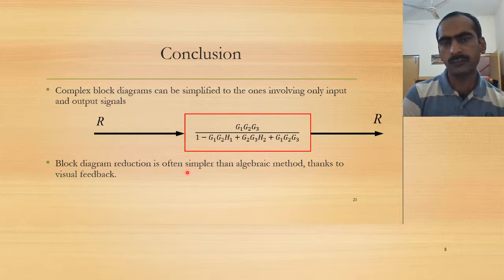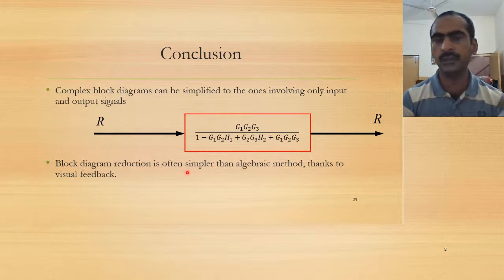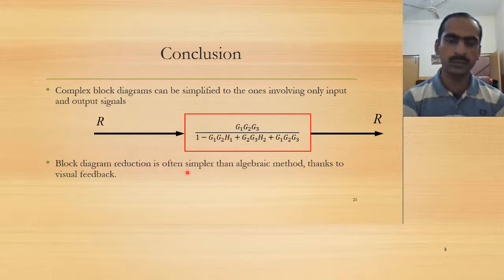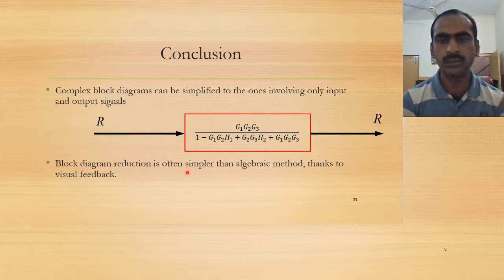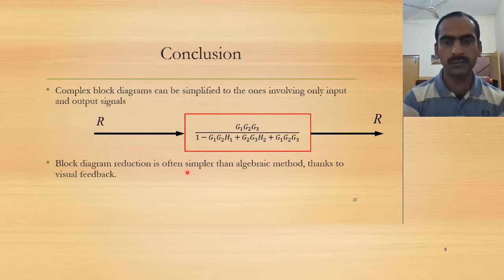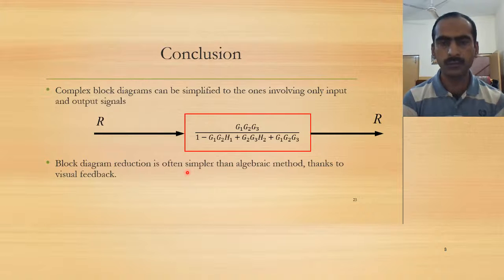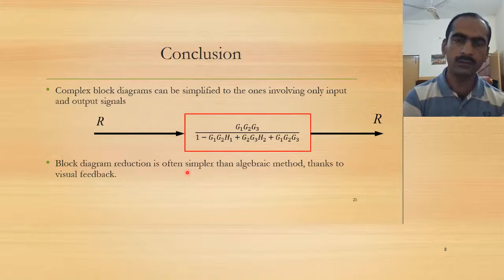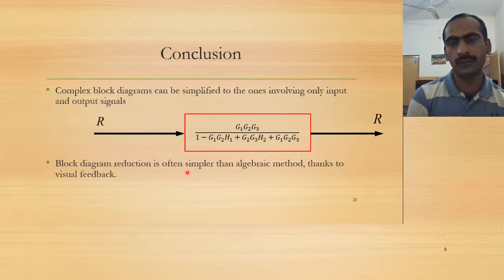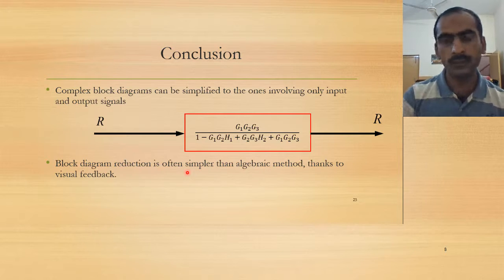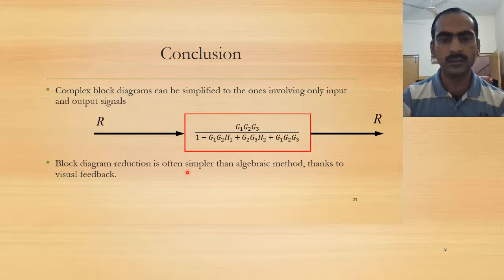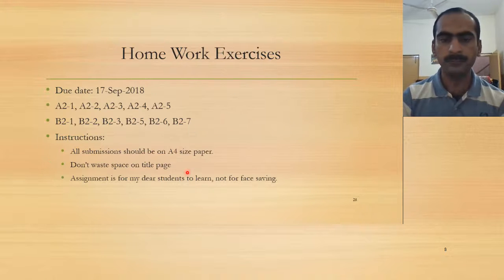In an alternate way, we could have assigned signal names to all the arrows, and from their mathematical relations, try to derive the relation between input and output. But the block diagram reduction, if we stick to our rules, is simpler, it guides better towards the solution. But obviously, sometimes the algebraic method is more powerful.